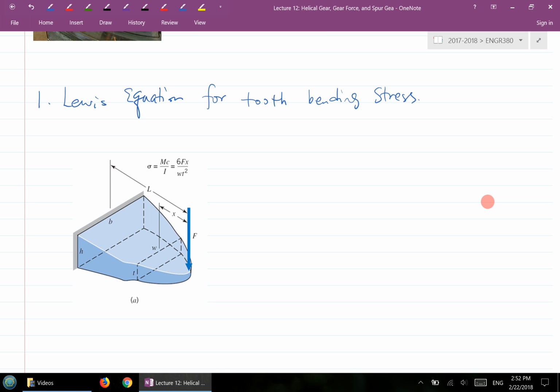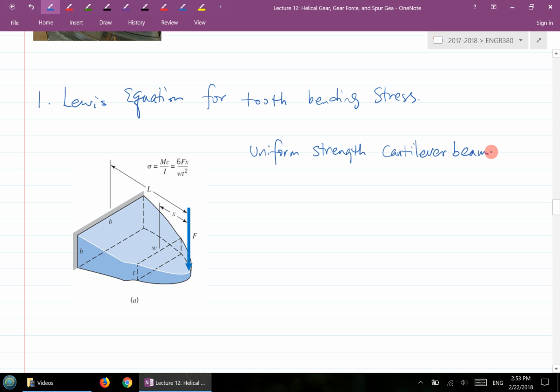This is, for example, a fairly non-regular cantilever beam. It's not a straight cantilever, but you can still consider it a cantilever beam here. But there's one situation called the uniform strength cantilever beam. So what does that mean?